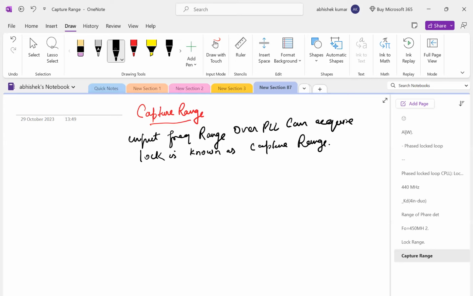When compared to the lock range, the capture range is very small.